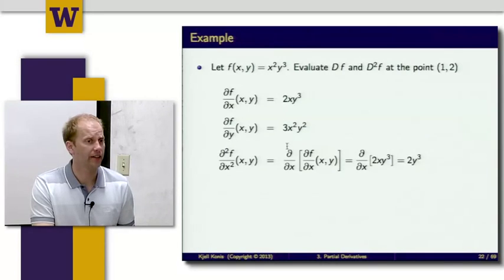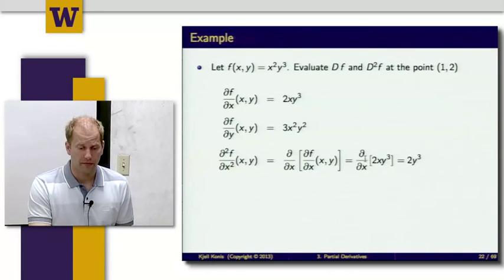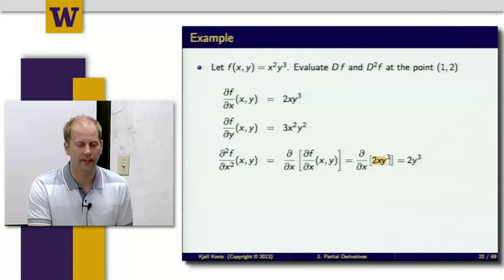And then we have to compute the mixed partials. So here I have the partial of f with respect to x squared. I already know what the first partial with respect to x is, so I can just plug that in here. Then I need to take its derivative one more time with respect to x, so I get 2y cubed.